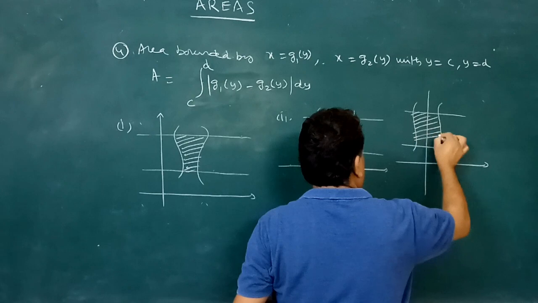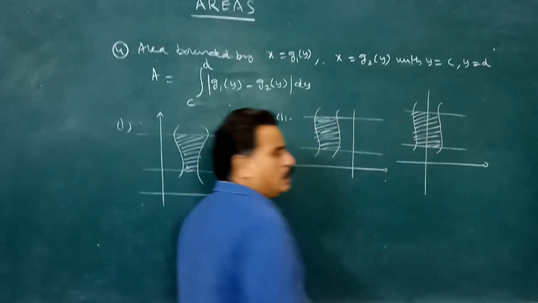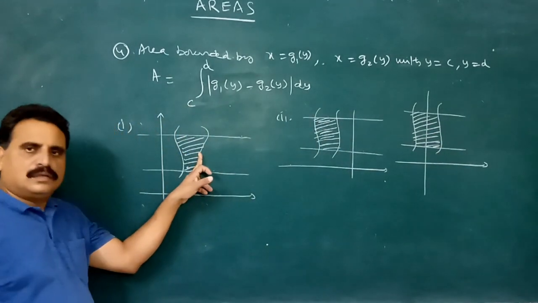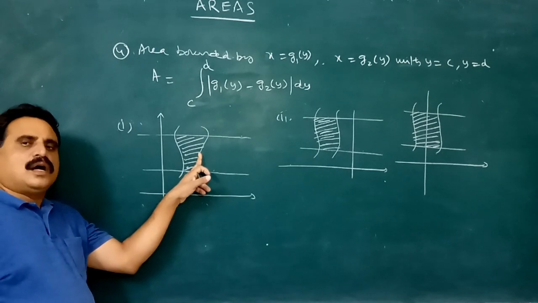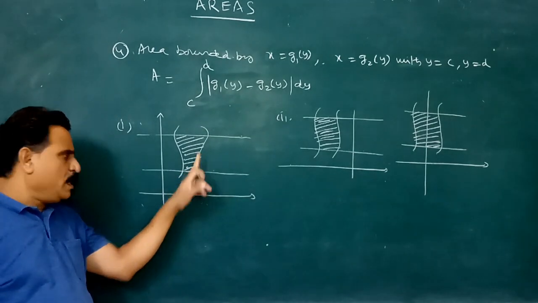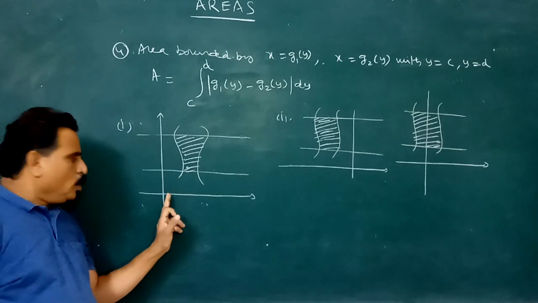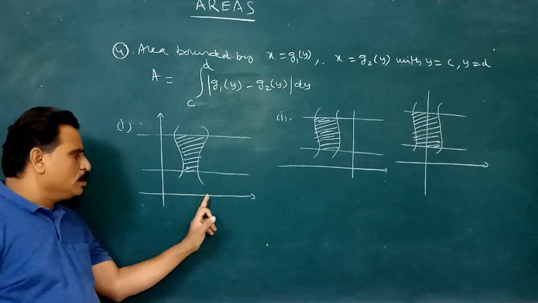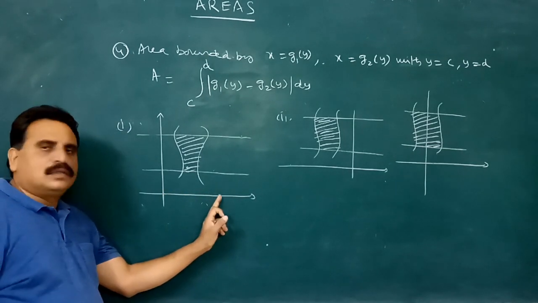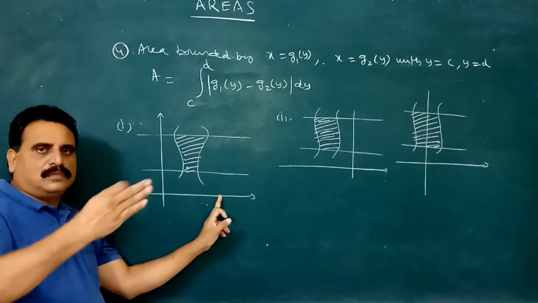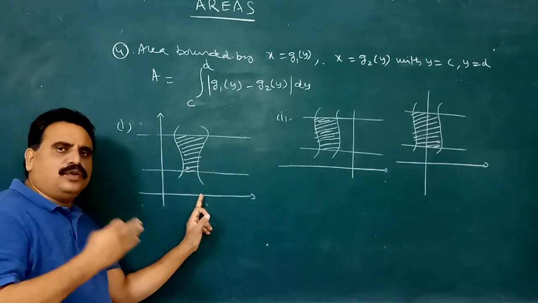In all the cases, this is the up curve. How to say it is the up curve? If you gradually increase, if you go forward, the x value is rising.